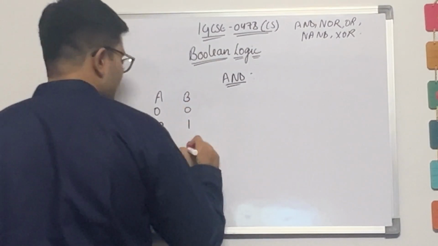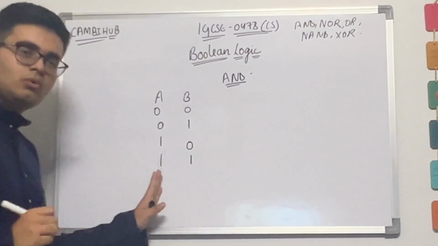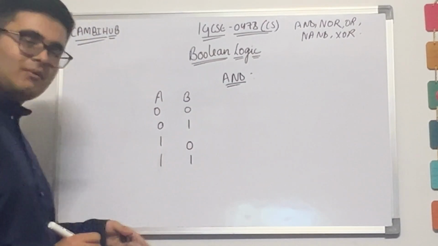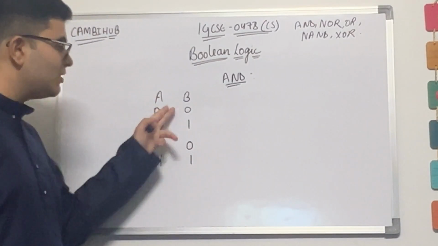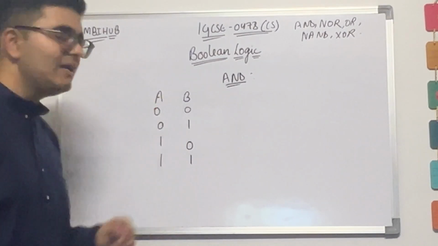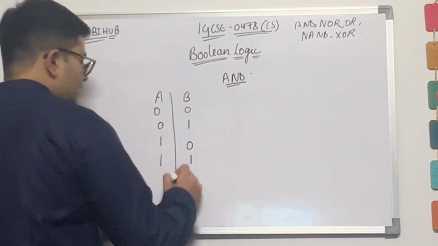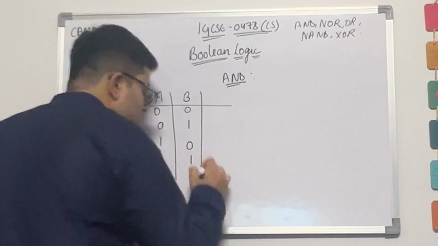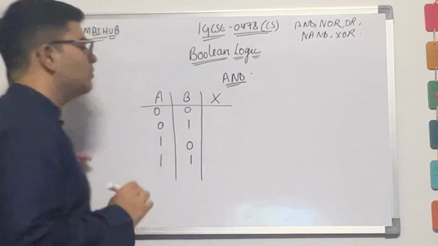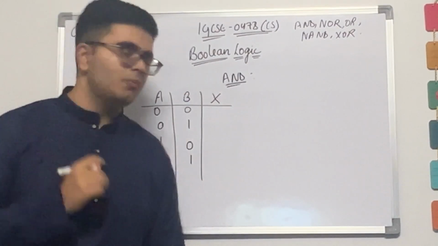So it's an alternating pattern. For A, first it is two, then it is two, continuing 0, 0, 1, 1, 0, 0, 1, 1. For B it is 0, 1, 0, 1, alternating with every row. This is called a truth table. We have two inputs and we have one output.